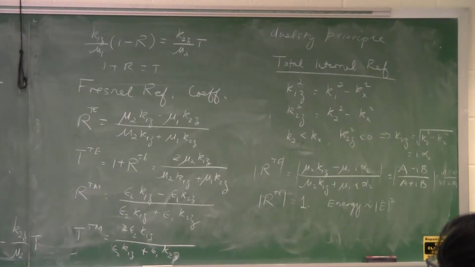And if you go beyond this, then the wave will be totally reflected. This angle is known as the critical angle, the angle at which the wave becomes horizontal and then totally reflected. If you go beyond the critical angle, the wave will be totally reflected, and you only have an evanescent wave in the transmitted region.